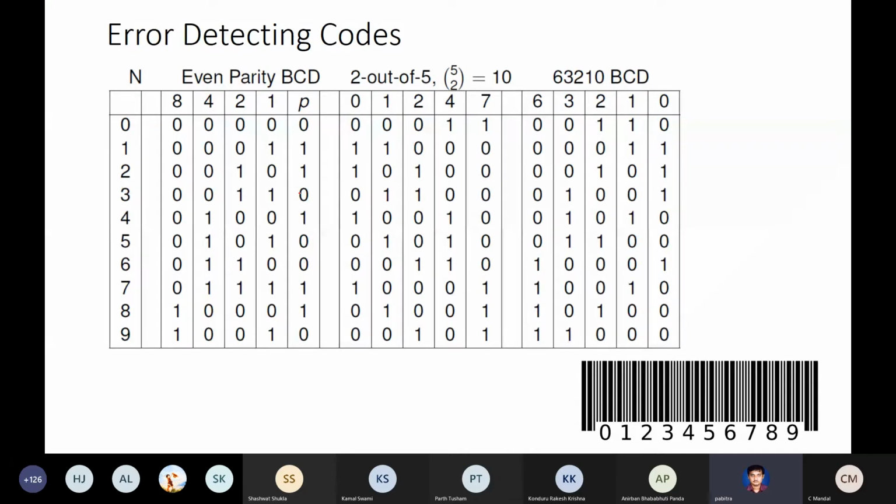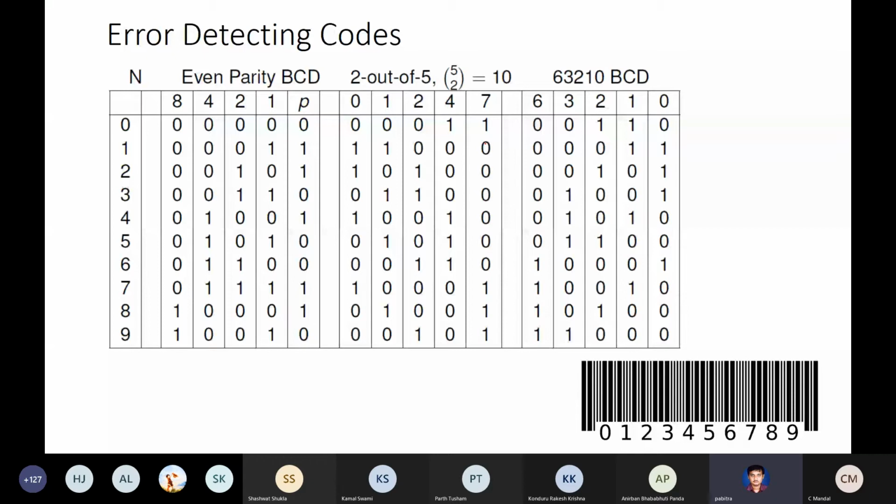This is an example called a 2 out of 5 code. 2 out of 5 means that you have a 5-bit code word which is redundant, because you know that to represent 0 to 9 you only need 4 bits, you don't need 5 bits.